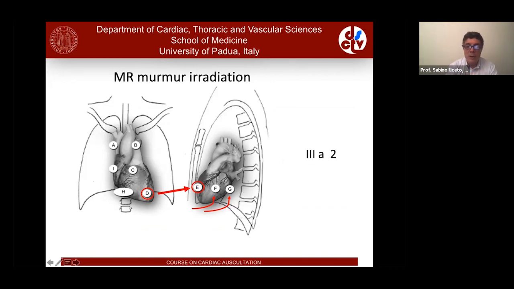Mitral regurgitation can irradiate in this area, sometimes simply concentrated here, but not very frequently it goes in this direction. On the contrary, ventricular septal defect is irradiated through H, the right ventricle auscultation area.